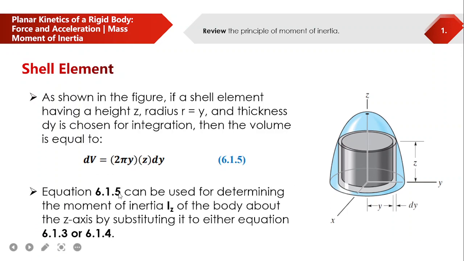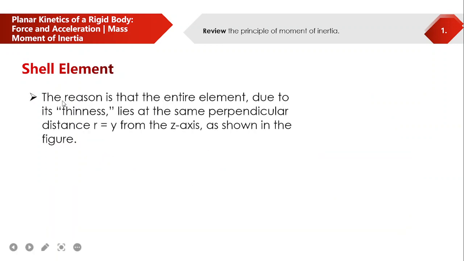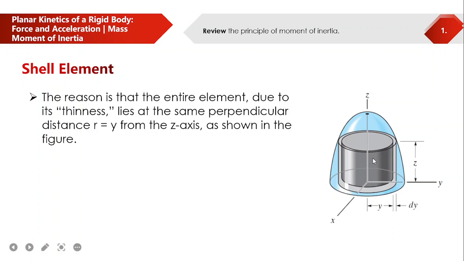So equation 6.1.5 can be used for determining the mass or the moment of inertia, I sub z, of the body about the z-axis by substituting it into either equation 6.1.3 or 6.1.4. The reason is that the entire element, due to its thinness, lies at the same perpendicular distance r equals y from the z-axis, as shown in the figure.